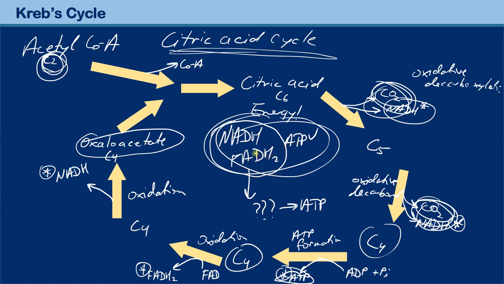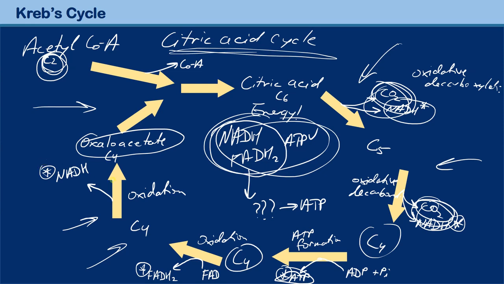For your information, this is a pretty important cycle because, for example, when we eat proteins and so on, they're all fed in somewhere into this cycle. All the other organic food molecules that we're eating are fed into the cycle as well and completely burned. So that's the Krebs cycle.